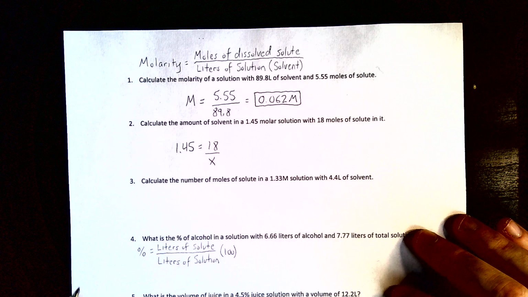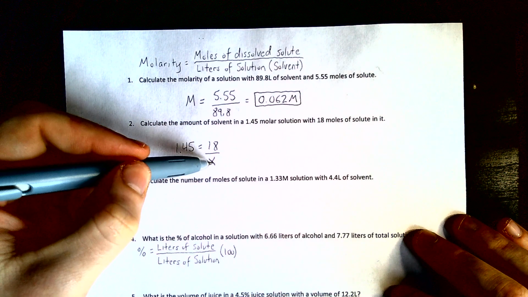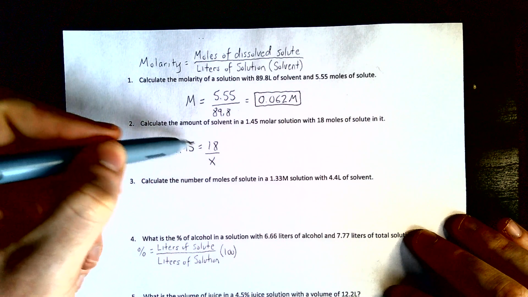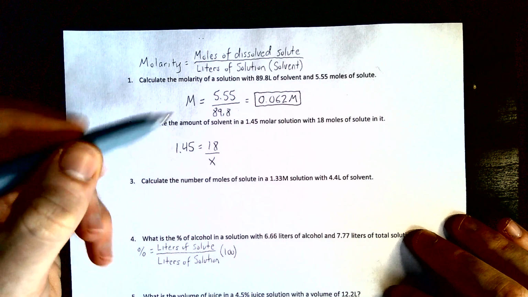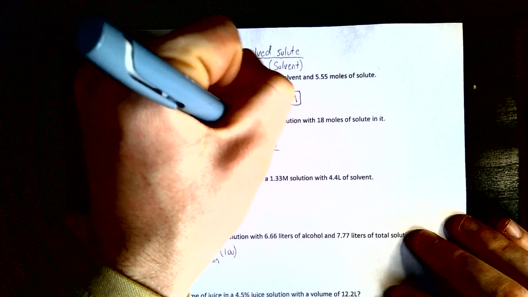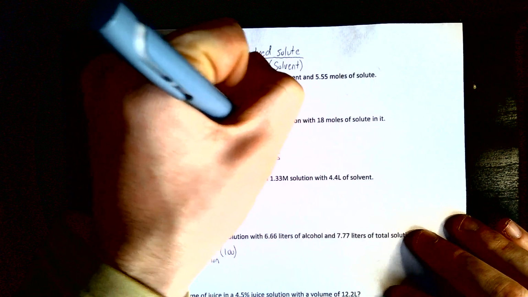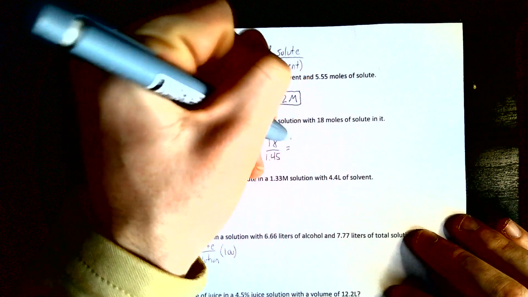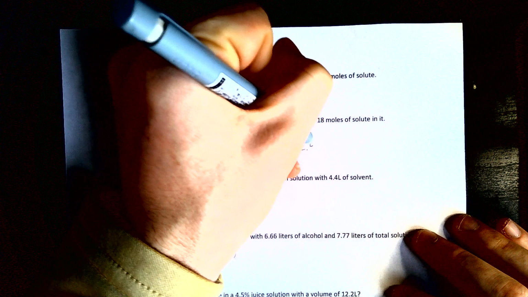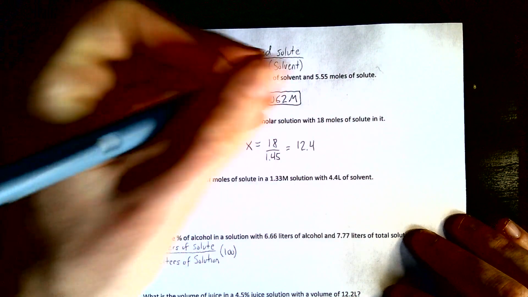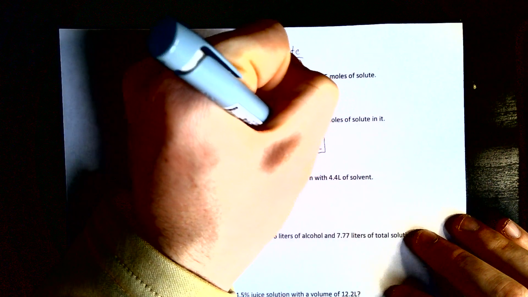So now we want to solve for x, and what we're going to do is multiply by x on both sides, and then divide by 1.45 on both sides. And simplify: 12.4, and since we're solving for amount of solvent, the unit is liters.